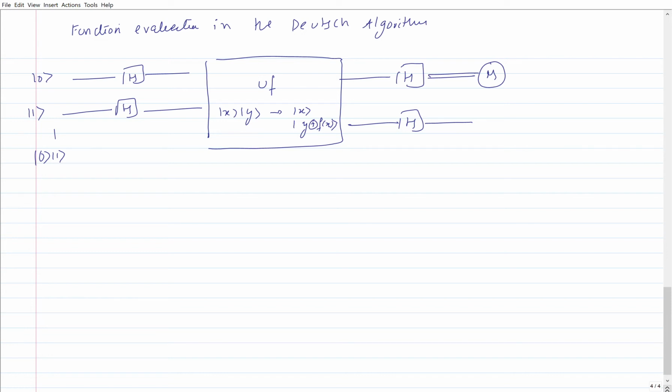Yeah, so this was the state psi 1. State psi 2 is a Hadamard operation on both of them, so it's going to be this guy. Let me call this psi 0.